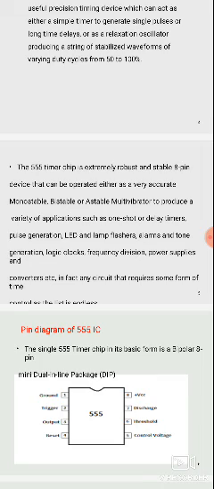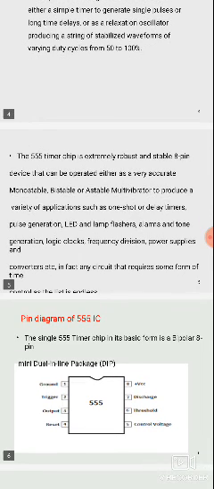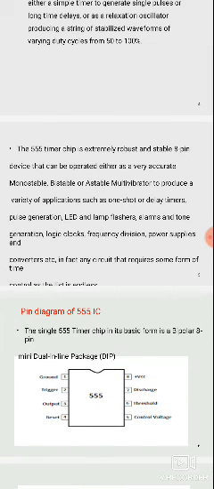The next one is a ring structure package, which is circular in shape. Mainly the 555 IC is available in the metal can, token ring structure and the dual inline package. Now we are using the dual inline package type of IC, also called DIP IC.